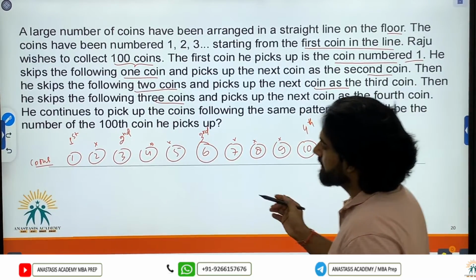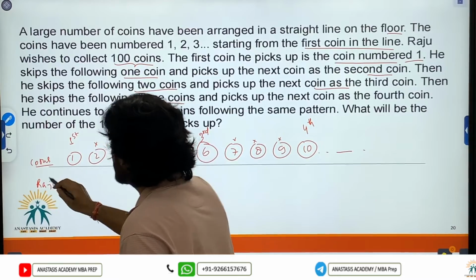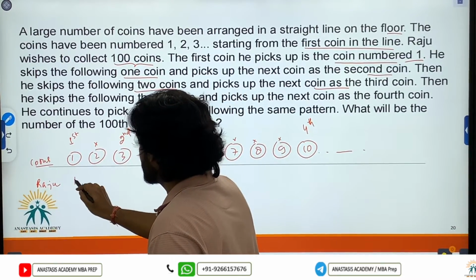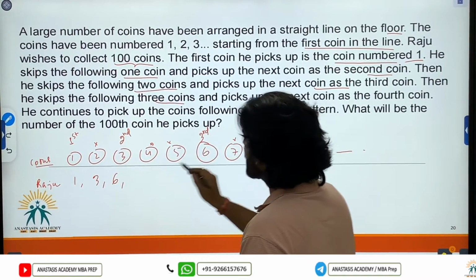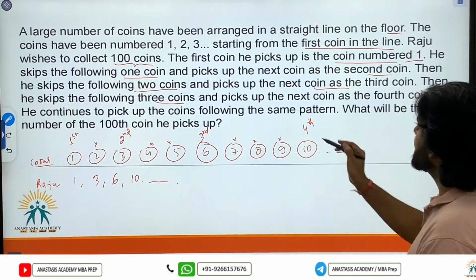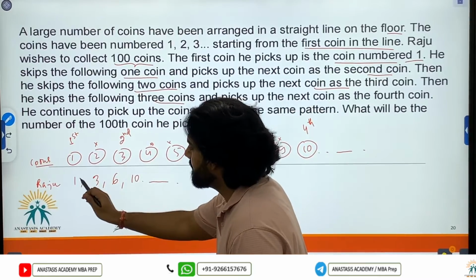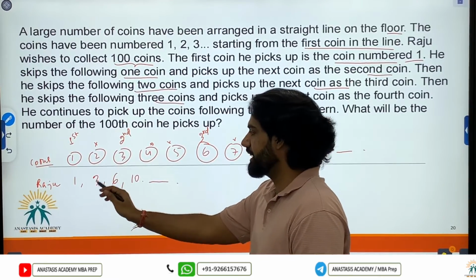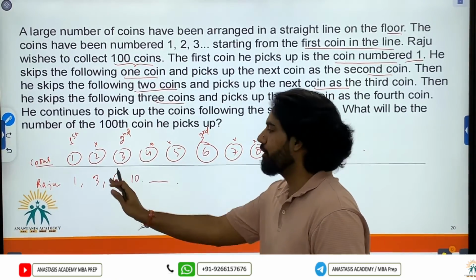So the series formed by the coins picked by Raju would be numbered 1, 3, 6, 10 and so on: the first coin is 1, the second coin is 3, the third coin is 6, the fourth coin is 10. And this series, if you observe, is nothing but the sum of the first natural numbers, up to the number of terms.